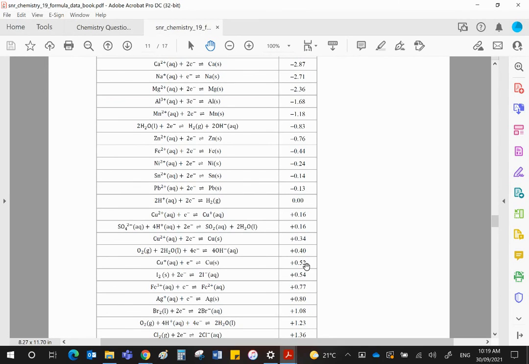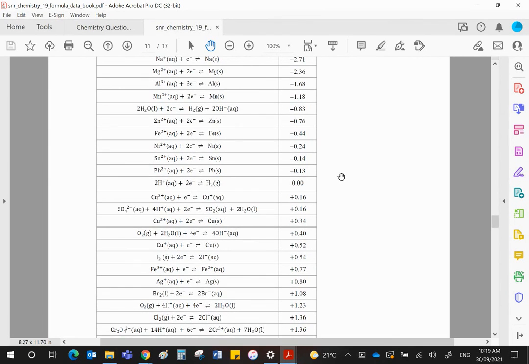And to decide what's going to discharge, you have to look at the electrode potential values, because the easier it is, the more likely it'll discharge. Now you can see to discharge sodium is a huge value. Minus 2.71 tells you it's extremely, extremely difficult. Whereas hydrogen, of course, is 0. So this is why hydrogen gas discharges and not sodium.